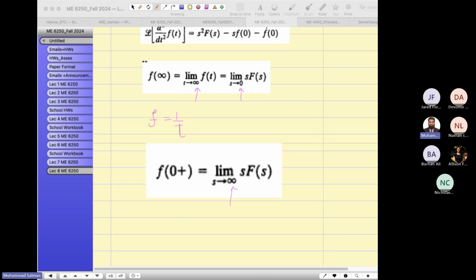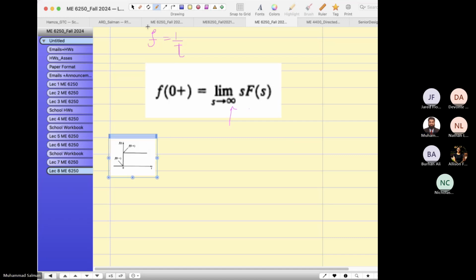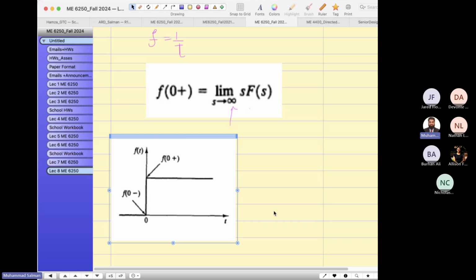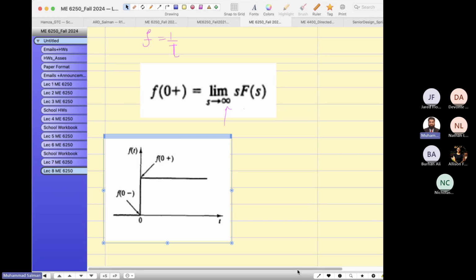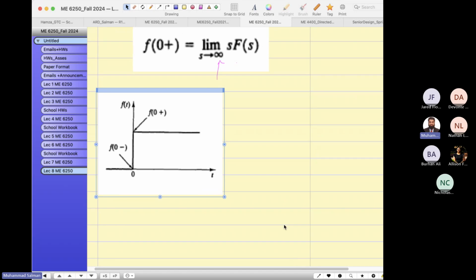So let me show you the difference here. If you are measuring, 0 plus means coming from the right hand side to pick up the value at the location 0, and if you're coming from the left hand side it is 0 minus.